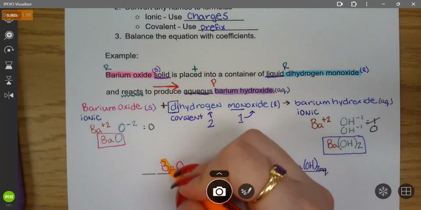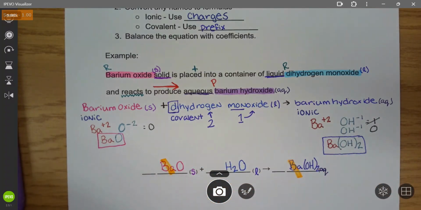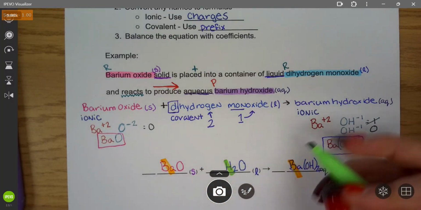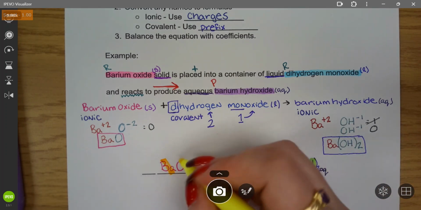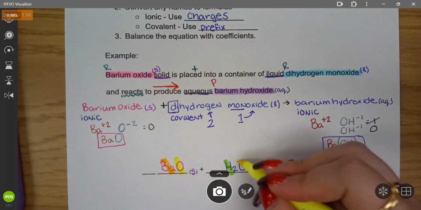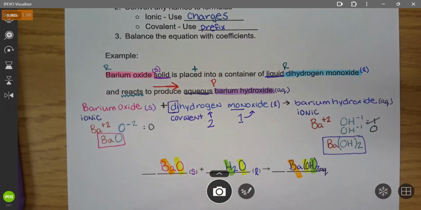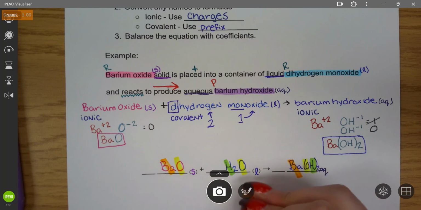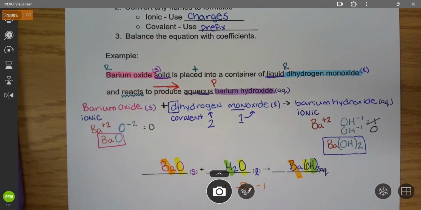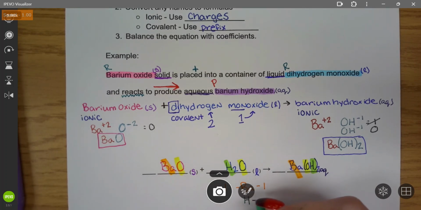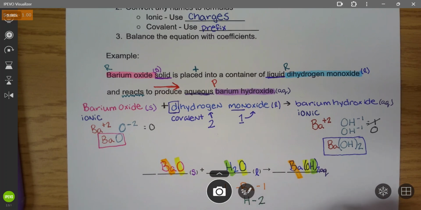We've got barium on this side, barium on this side. We have hydrogen on this side, hydrogen on this side. And then we have oxygen. We have oxygen here, and oxygen here, and oxygen here. And if we try to add these up, for barium, I have 1 on my reactant side, 1 on my product side. For hydrogen, I have 2 on my product side because of the 2 here. I have 2 on my reactant side because of the 2 there.